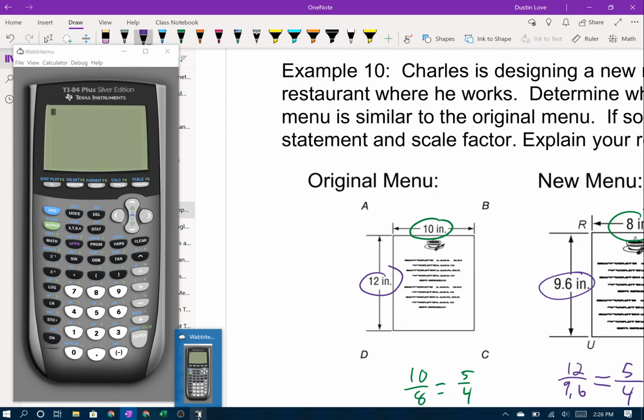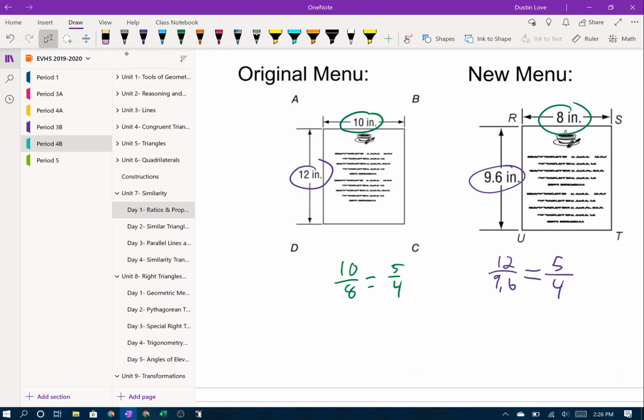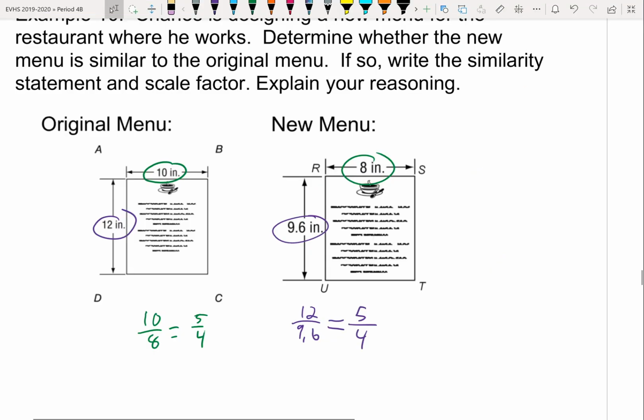12 divided by 9.6, math enter, reduces to 5/4. So yeah. Okay. Oh, so they are proportional.